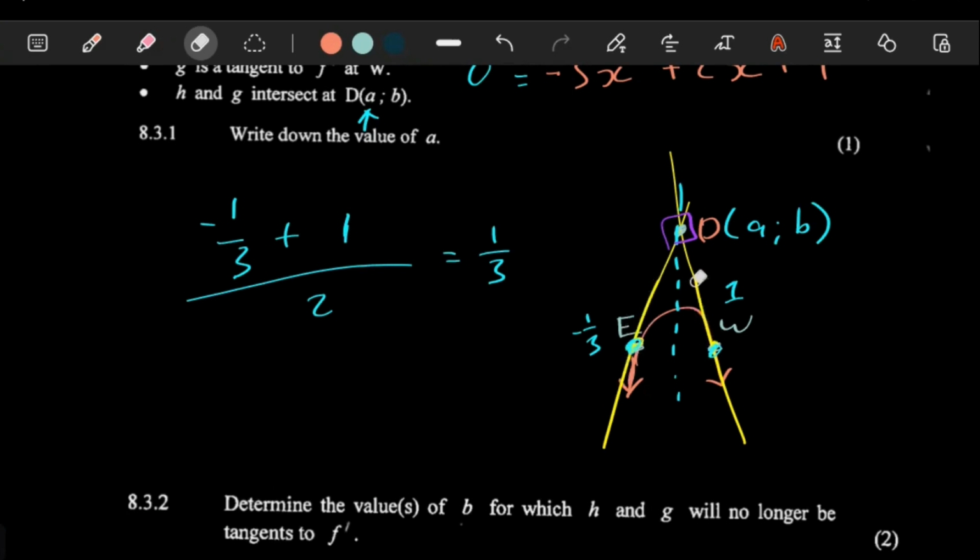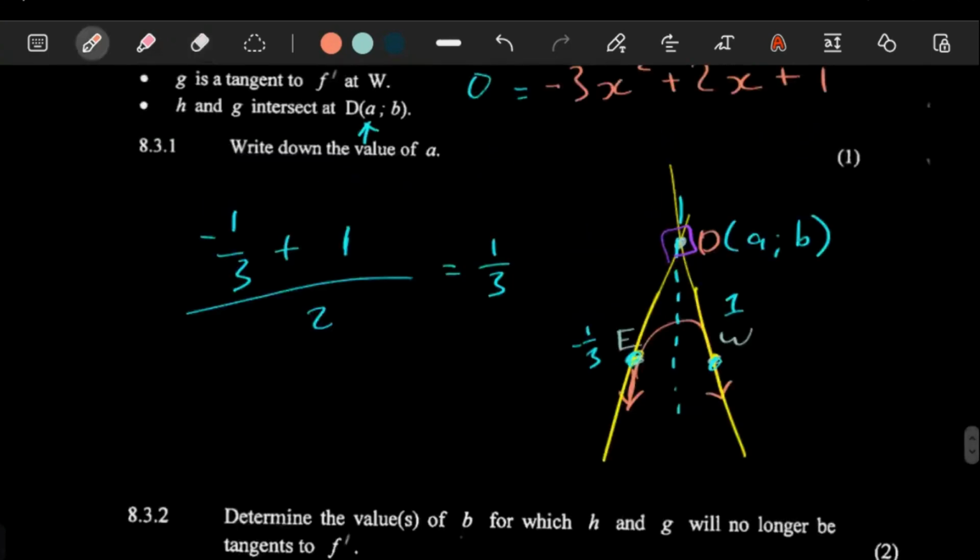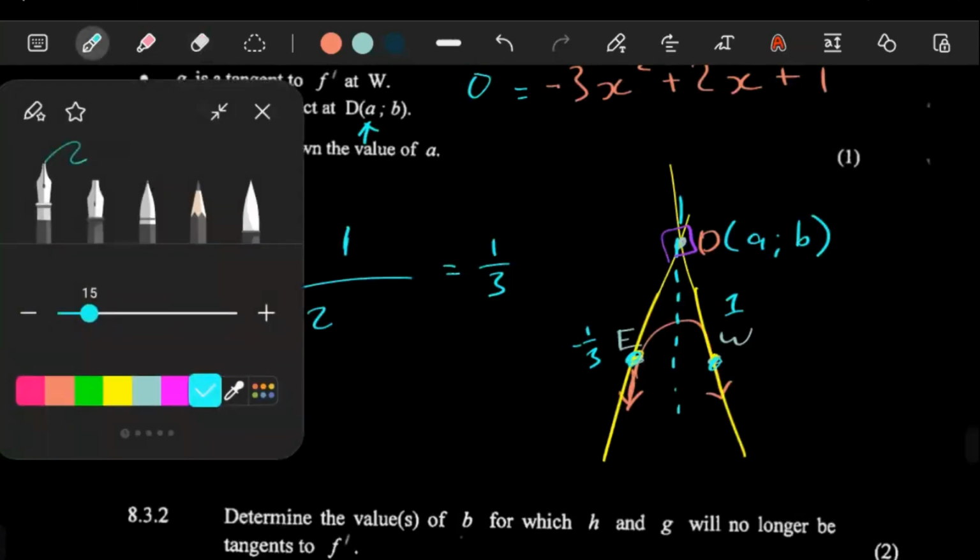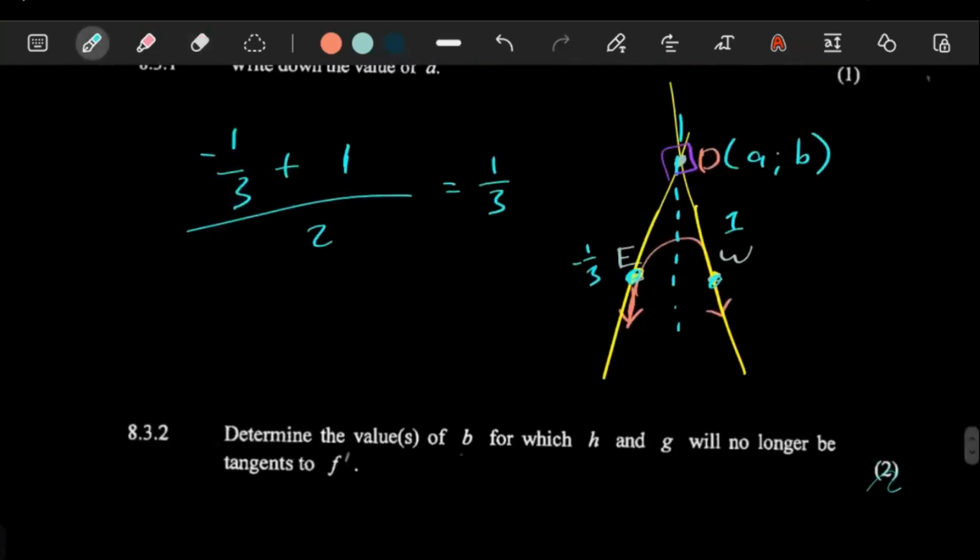This one would also need to become steeper going downwards, but that sounds a bit too complicated, a bit too far-fetched, and it's just a 2 mark question.